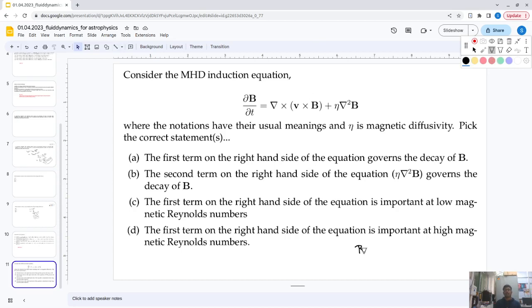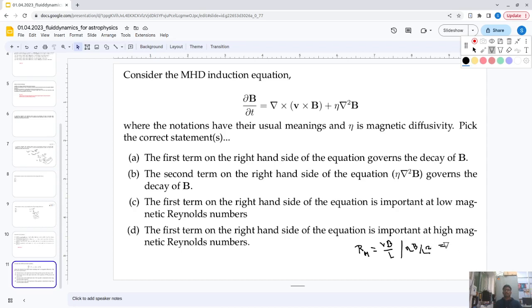You have R_m, and it is basically the ratio of these two terms, that means VB by L divided by eta B by L square.